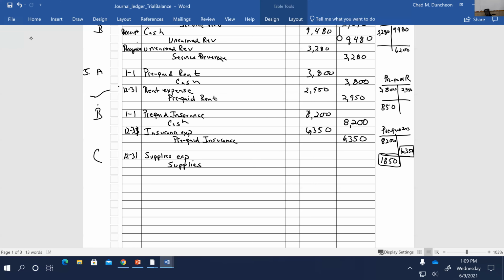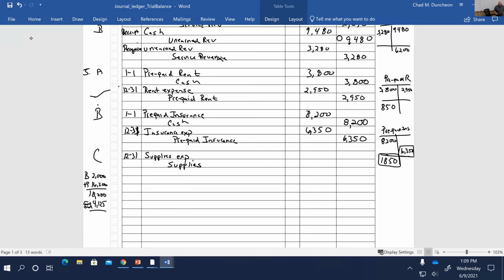So for C here, we take our beginning, which was 2,000, plus our purchases of 16,200, meaning we had 18,200 in supplies available. Subtract out what we counted at the end that we know we still have.